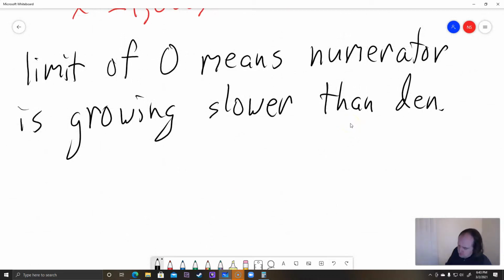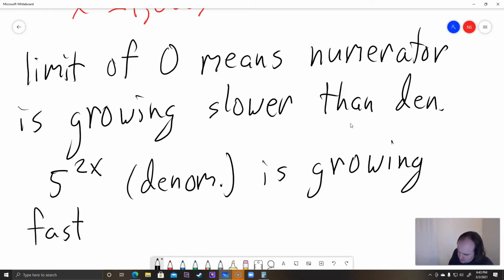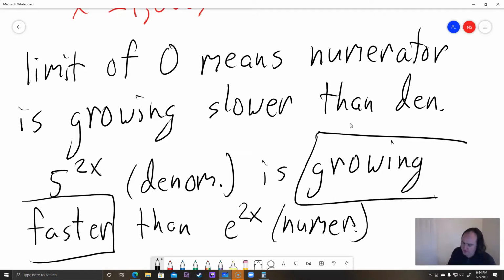Since we're talking about the denominator versus the numerator, that's going to mean 5 to the 2x, which is the denominator, is growing faster than e to the 2x, which was our numerator. Okay, so our answer for that one is it's growing faster.